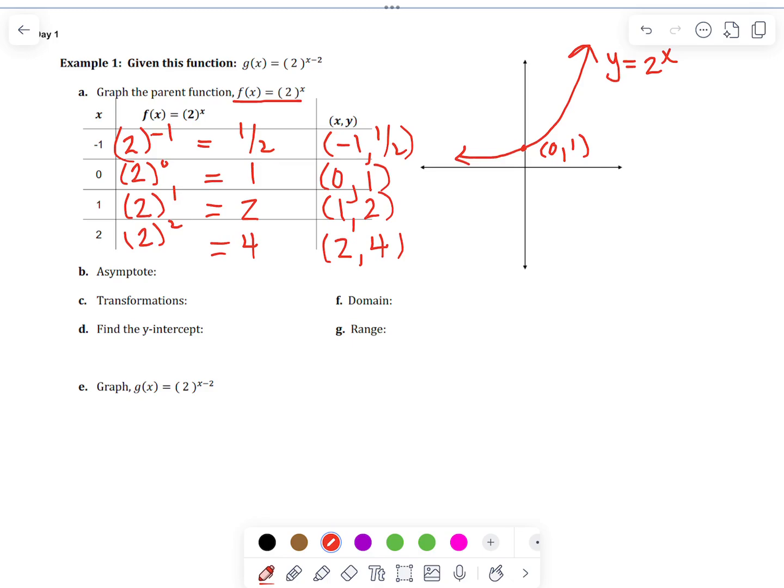I'm just denoting a point over 0 up 1, and then over 1 up 2, just giving you a couple points. So that's the parent. Now the parent does have an asymptote. It has a horizontal asymptote at y equals 0.